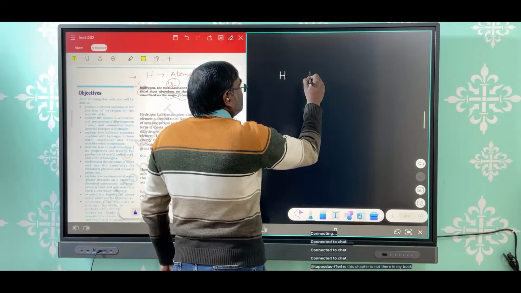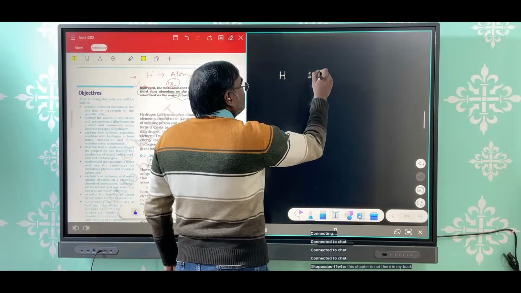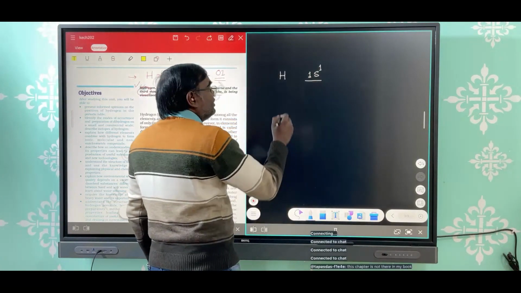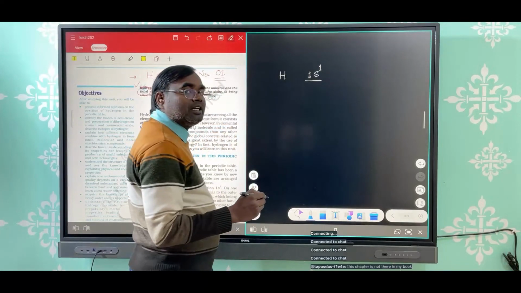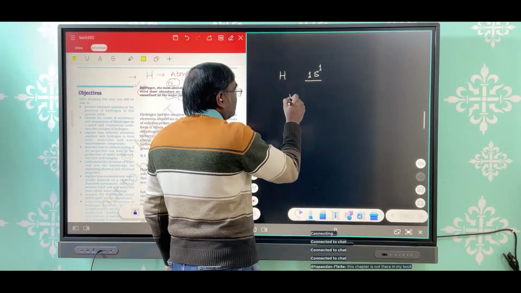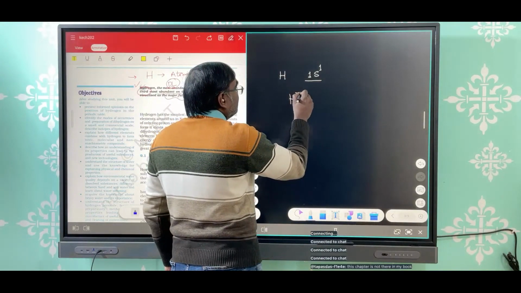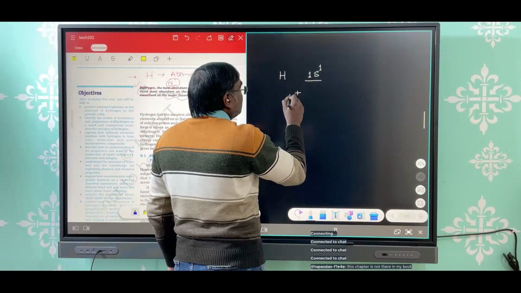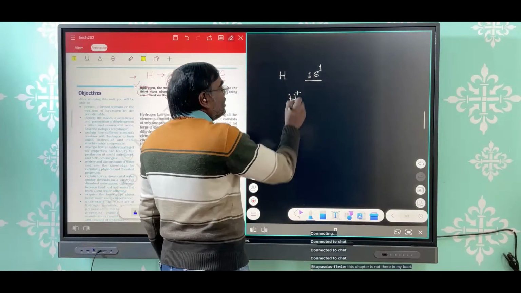If we write the electronic configuration, it shows 1s1. So if it releases one electron from its shell, it becomes a proton, a positive proton-like feature.